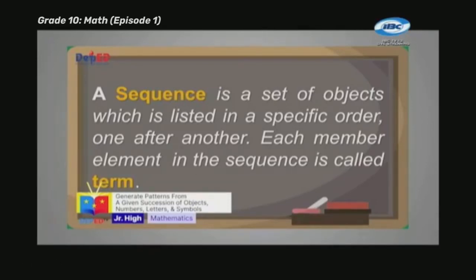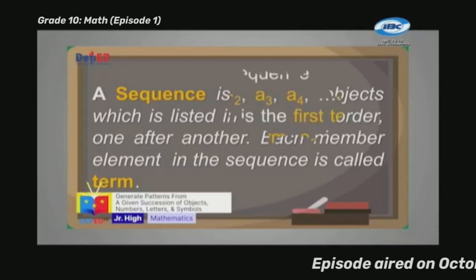Each member or element in the sequence is called a term.